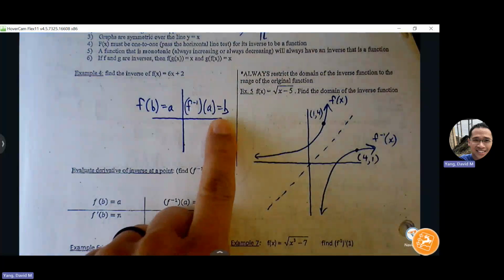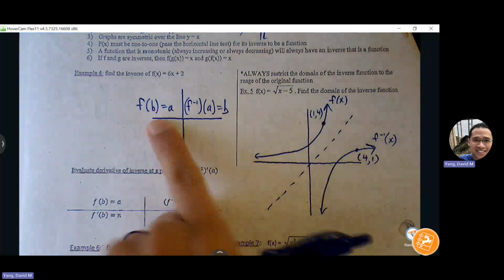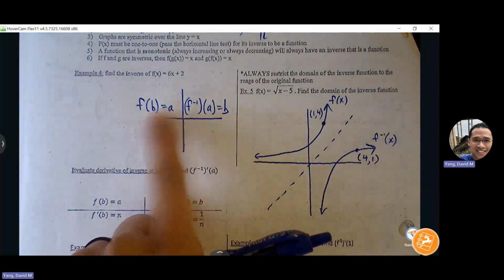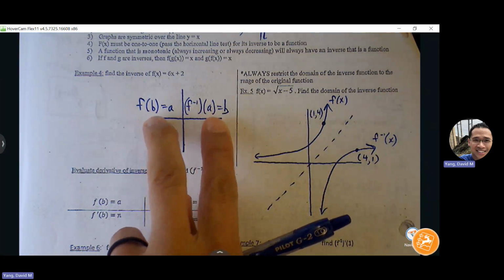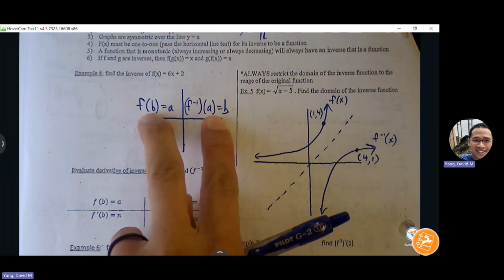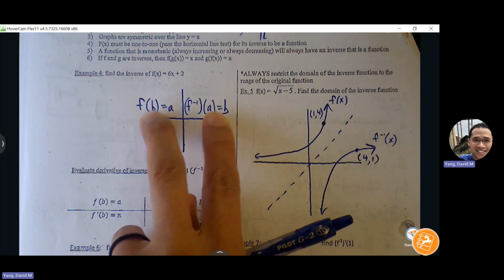If there's an ordered pair (a, b) on one, there must be an ordered pair (b, a) on the other. So you know that a function and its inverse will always have ordered pairs that are flip-flopped. Now that's the function side of things. What does that have to do with us? We have to deal with derivatives.